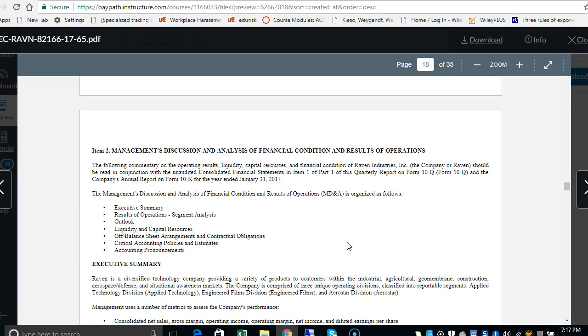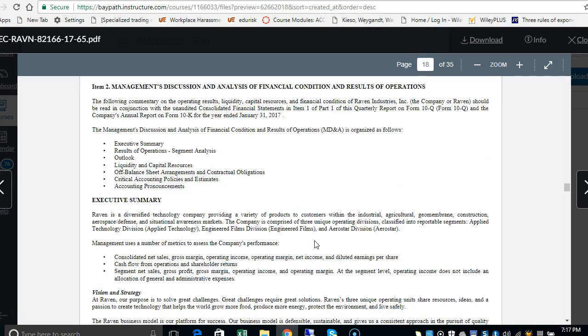Then management starts to talk about its company. Executive summary, results of operations by segment, the outlook, liquidity, off-balance sheet items, critical accounting policies and estimates, and accounting pronouncements.